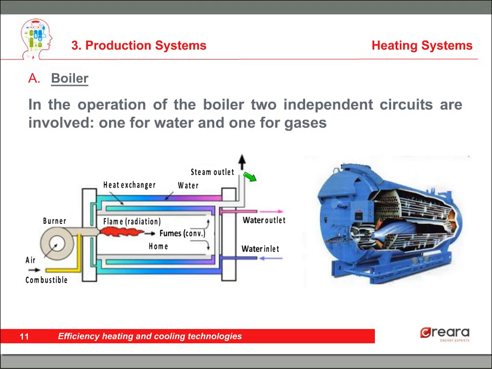And finally, we have the steam outlet, which is exactly where the steam goes out. The temperature of the steam is going to be very important, as we will see in the next few slides. The temperature makes a boiler condense or not condense.